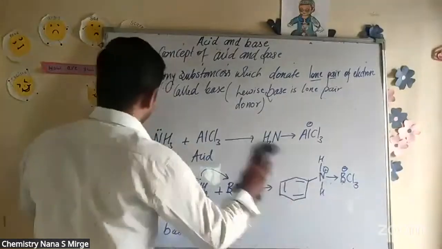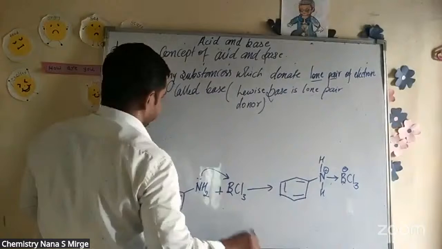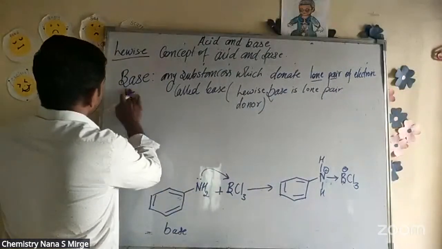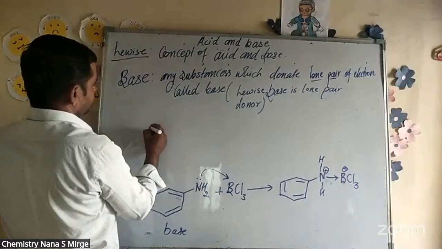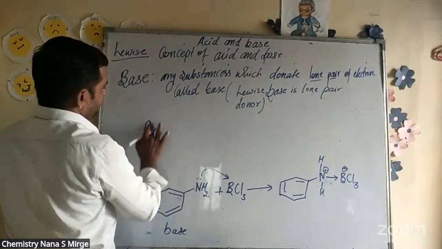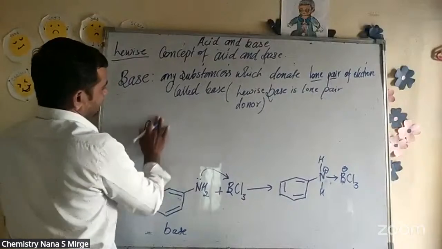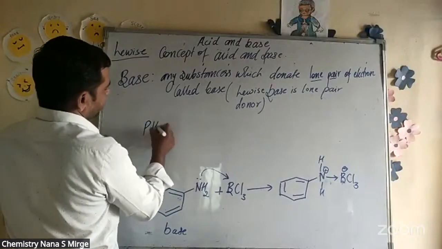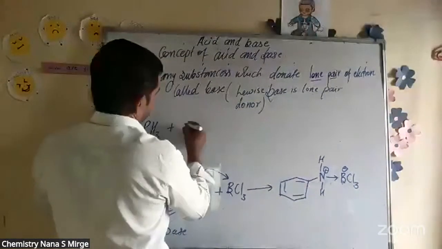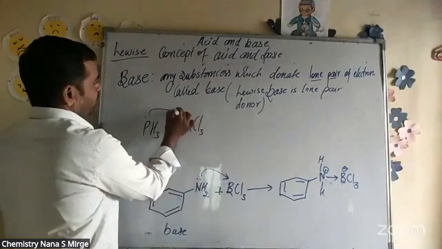Another very simple example. Look here: phosphorus, PCl3 or PH3, has a lone pair, and again FeCl3. This lone pair can donate.